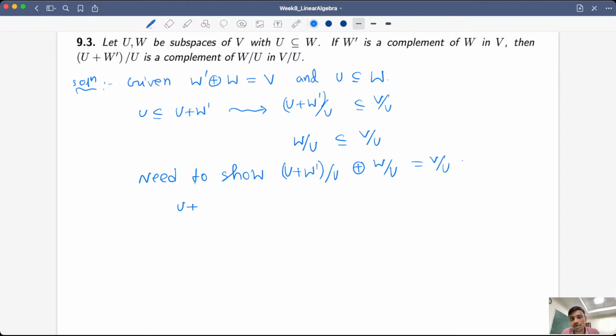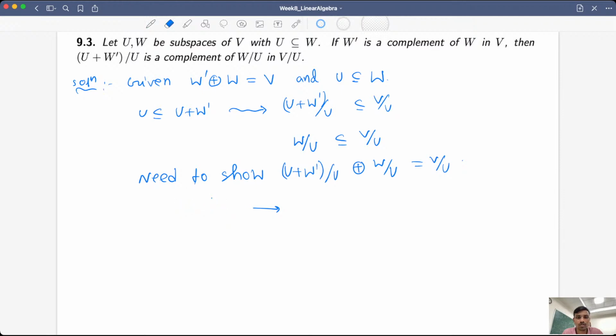To define the quotient we need this u plus w prime, but in the quotient this is not well defined that way, but the quotient by u always kills the u part here. Okay, so that's the whole point of this one.